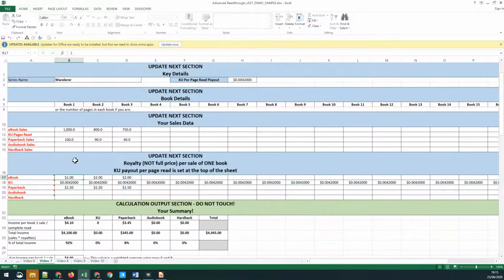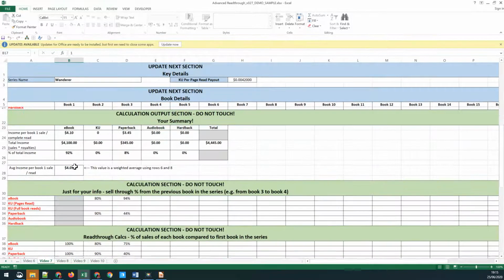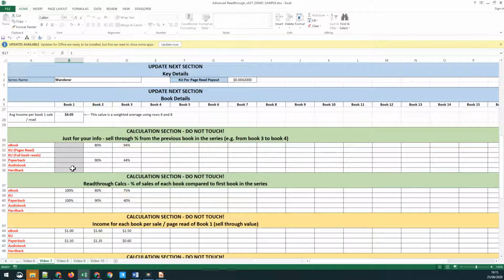And then we start seeing the calculations. So one of the most useful is the sell-through. So this is the sell-through from the previous book. So from book 1 to book 2, for ebook we have a sell-through of 80%, really good. Paperback 90%, amazing. Book 2 to book 3, 94% in ebook, and oh dear, 44% in paperback.